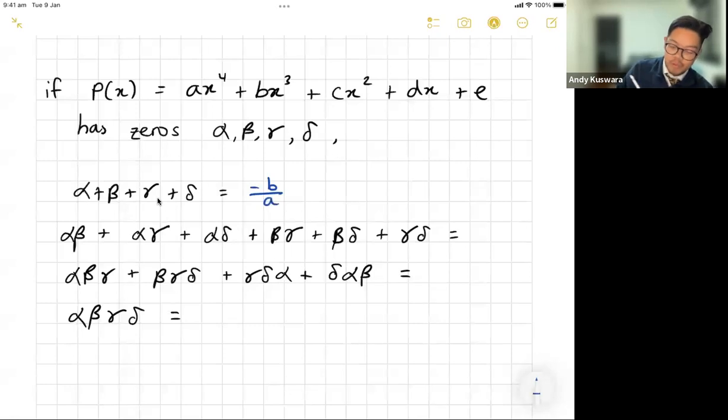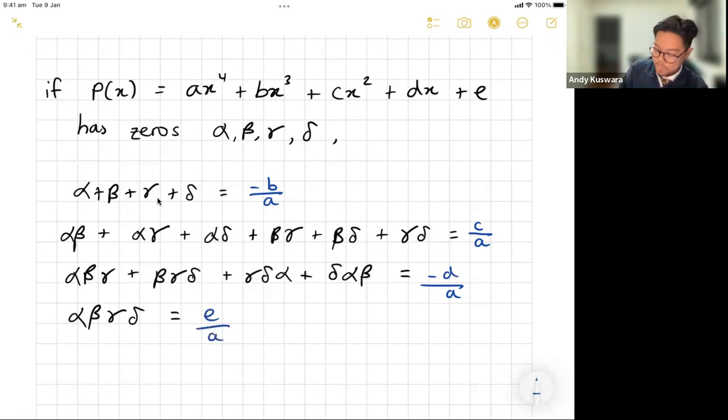If I find every different possible way that I can combine two, so this ridiculous thing is going to become c on a. If I have groups of 3, then it's going to be minus d on a. And then if I have alpha, beta, gamma, delta, and it's groups of 4, it's going to be e over a.